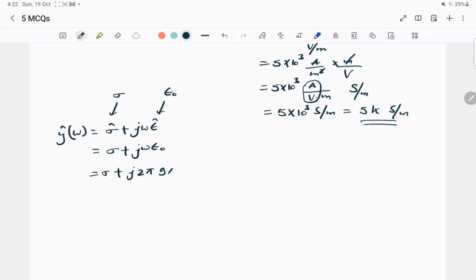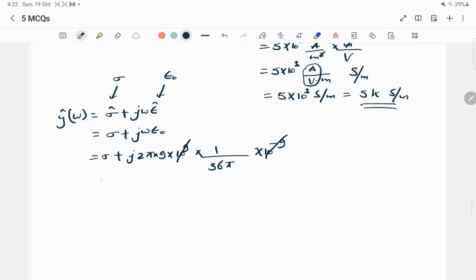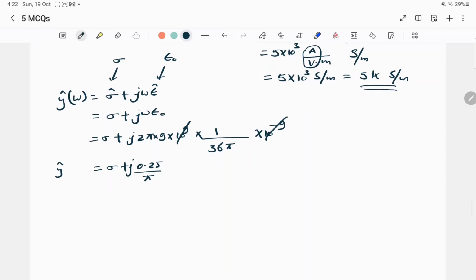F is given as 9 gigahertz, so 9 into 10 to the power 9, into epsilon naught. The value of epsilon naught is 1 over 36 pi into 10 to the power minus 9. So plus 9 and minus 9 cancel out, and you are left with sigma plus 0.25 divided by pi, and j is also present. So this is y cap.